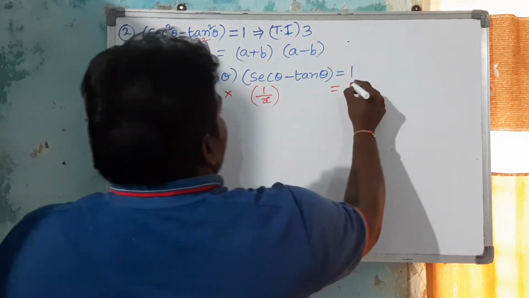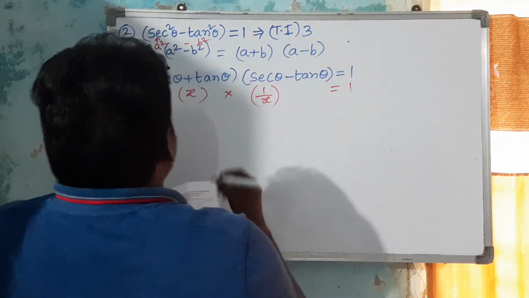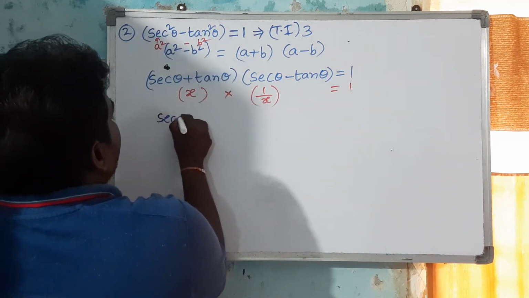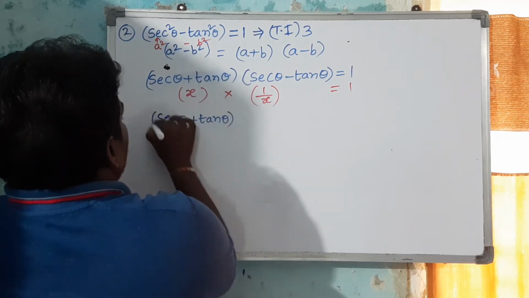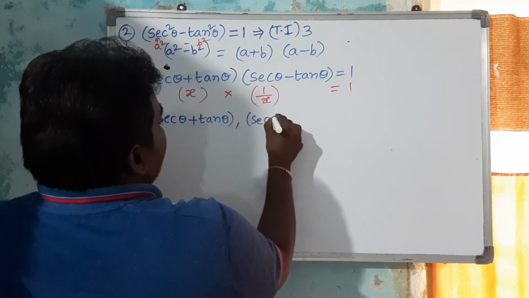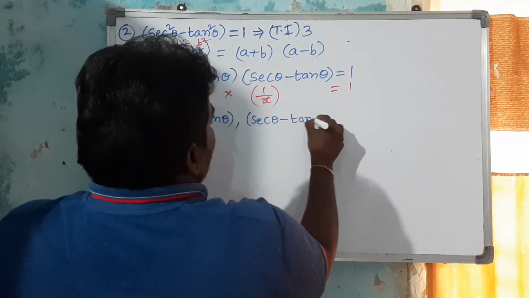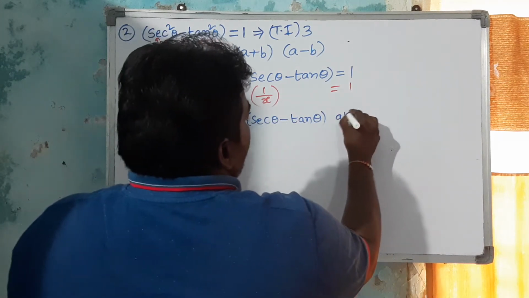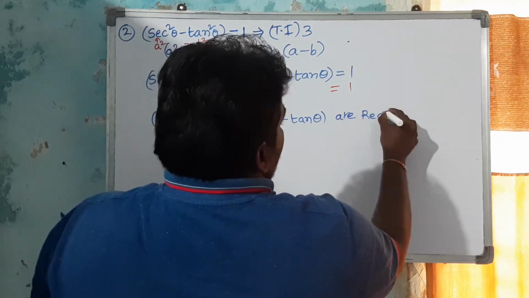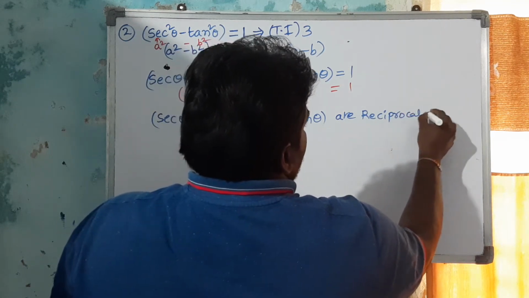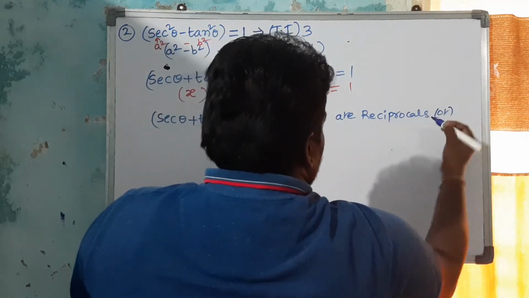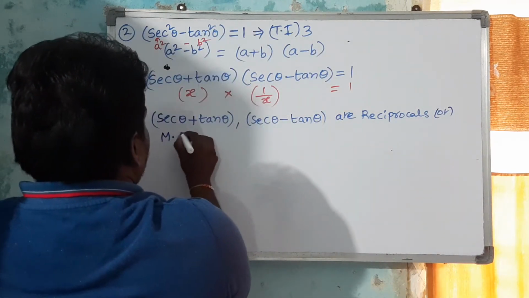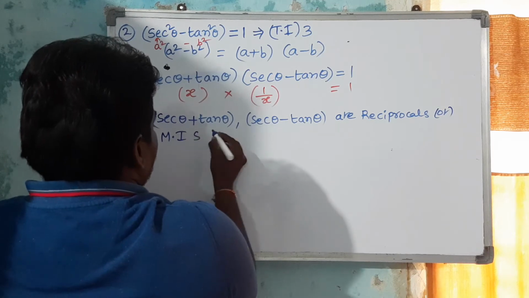That's why I can say secant theta plus tan theta, secant theta minus tan theta are reciprocals, multiplicative inverses of each other.